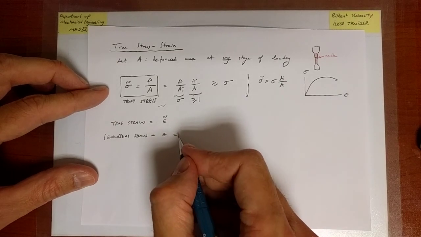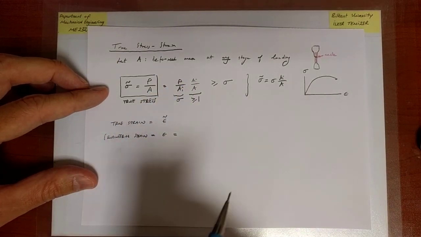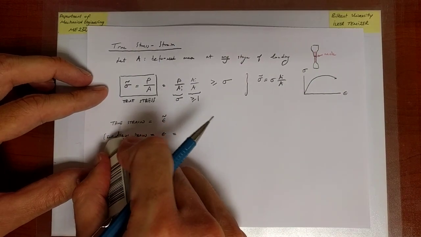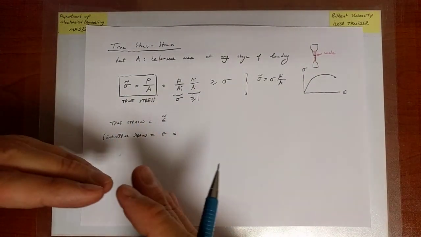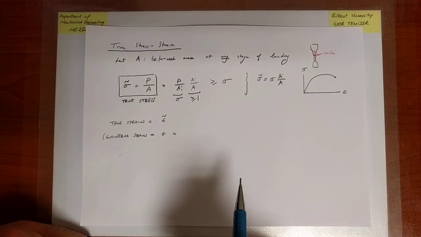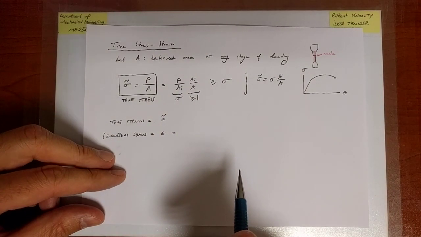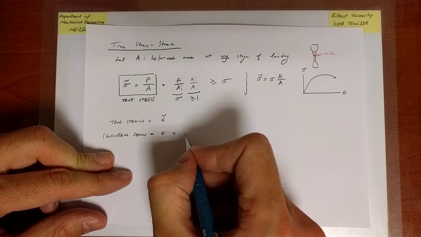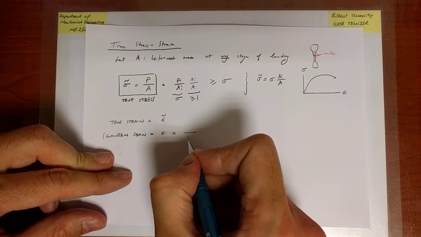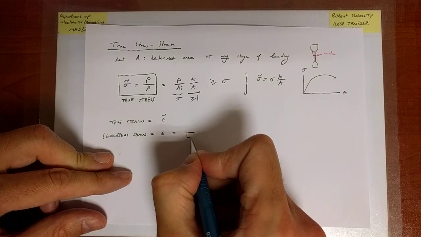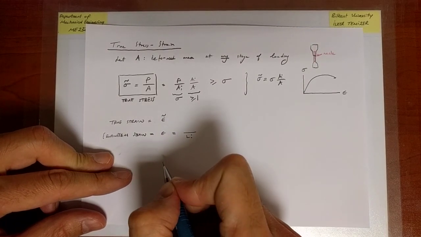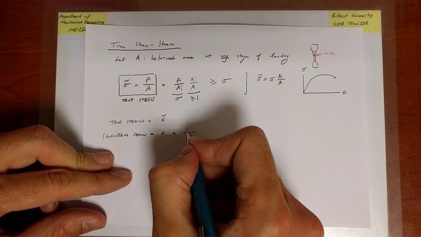Now, I'm going to pick a definition that is going to match the expression that we are already familiar with, but I'm going to make it in a way that looks slightly different. What we're going to do is take our specimen. It has an initial length of Li, and I'm going to extend it a little bit.